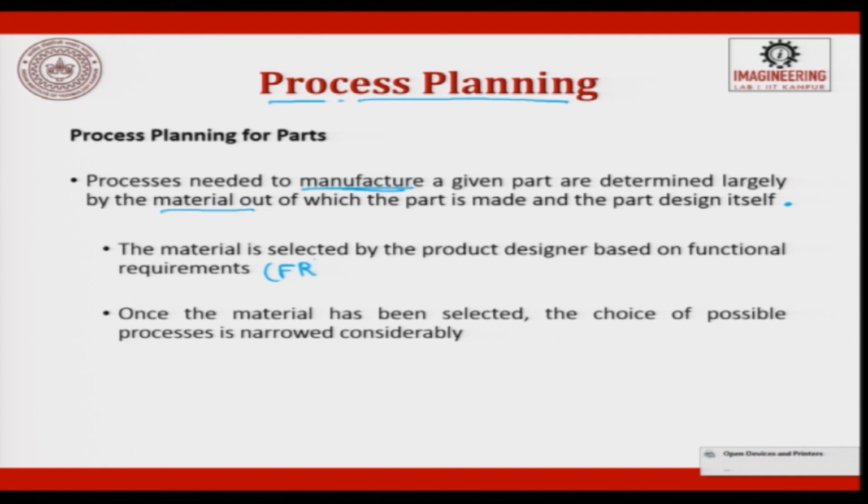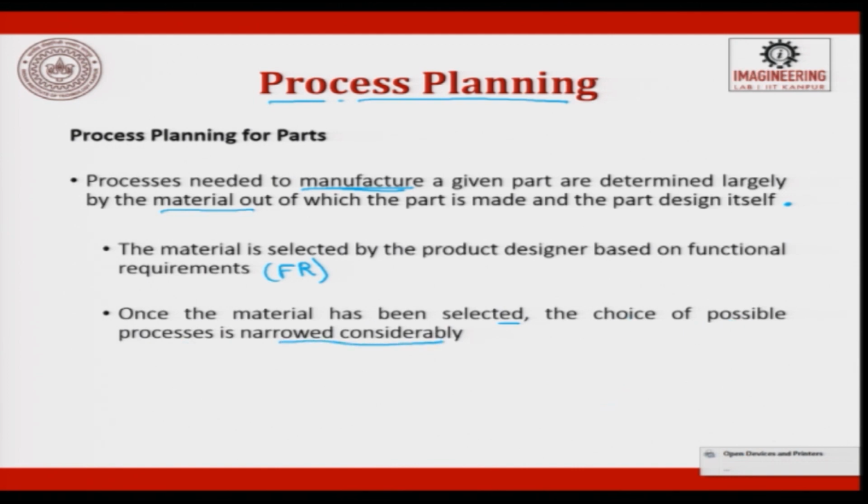So, functional requirements, FR. If you look at the voice of the customer understanding, there itself we put these functional requirements, and these functional requirements will try to dictate what part, what processes have to be used, what material has to be used. Once the material has been selected, the choice of possible process is narrowed considerably.